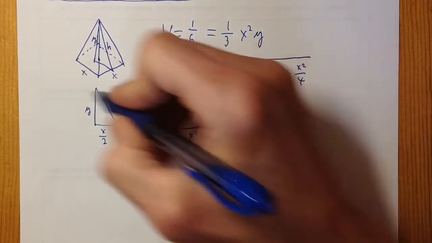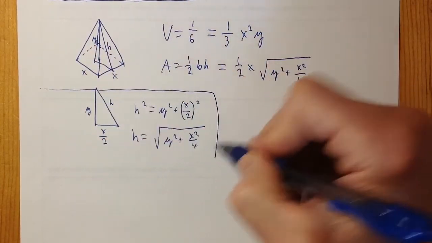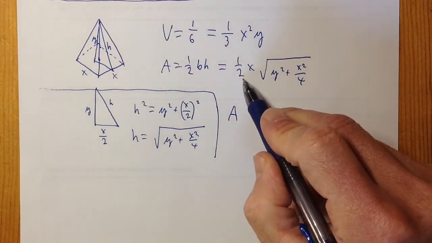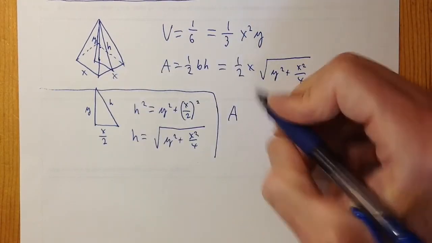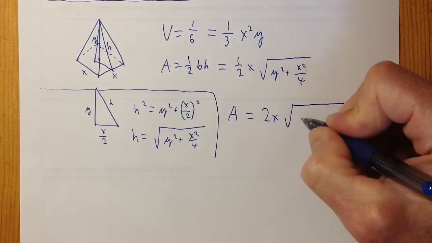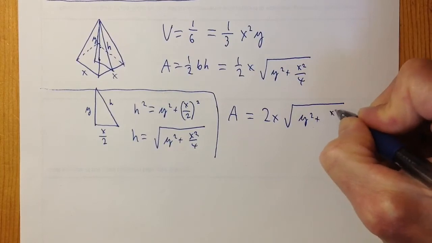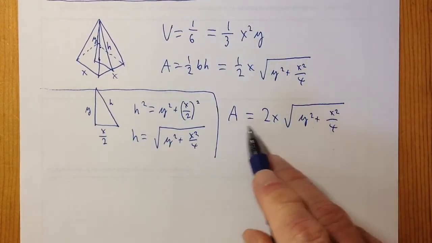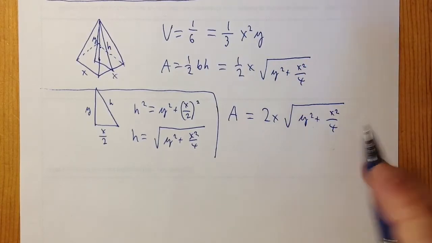This is our little side thing. Our full area then is 4 times this, because we have 4 sides. 4 times 1/2 is 2, so it's 2x times the square root of y squared plus x squared over 4. Okay, we want to take the derivative of this and set it equal to 0 to find the minimum. Right?